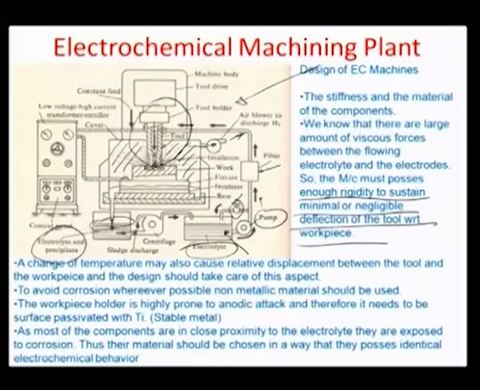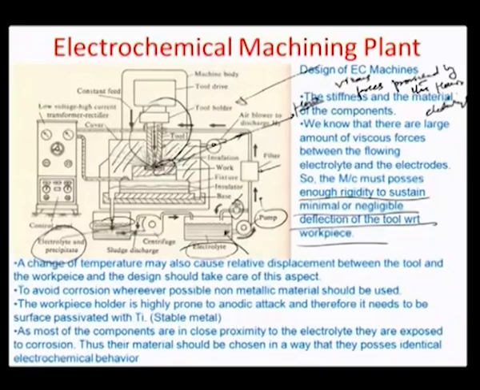This zone of flow here is so small that the viscous forces provided by the flowing electrolyte sometimes give huge amounts of pressure, and force is basically pressure times area.